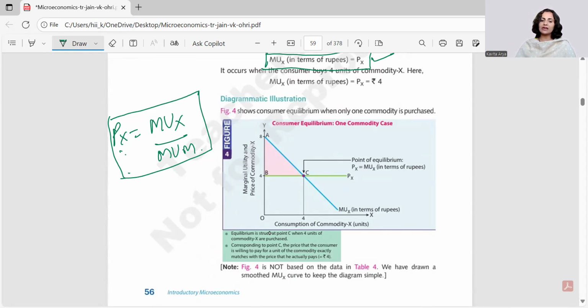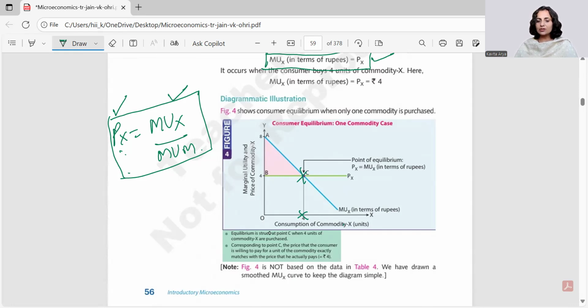Diagram is very simple. We have simply used the price and the utility, right? Utility curve we know falls down. So this is a downward sloping utility curve and price is just a constant value of 4 rupees. So wherever these intersect, this is the level which gives the satisfaction. So he consumes 4 units. See, 4 is given here because this diagram is made with respect to the schedule given above.